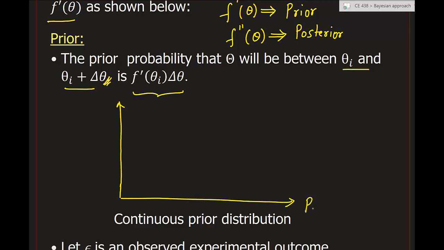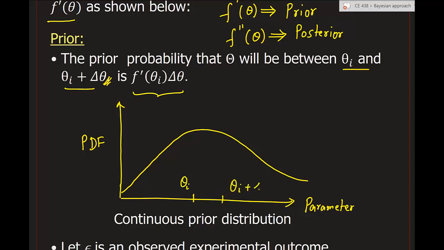On this axis we have the parameter, in this case theta, and on the y-axis we have the corresponding probability density function. So this is the prior probability density function for theta. We want to know the probability that my parameter theta lies between theta i and theta i plus delta theta. So this width is simply delta theta.